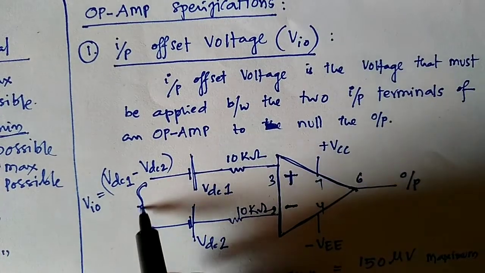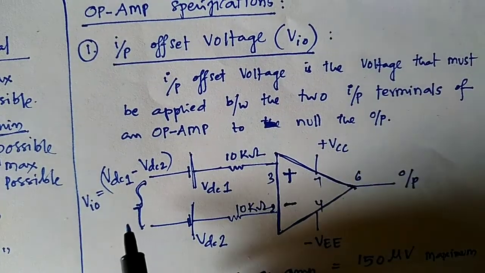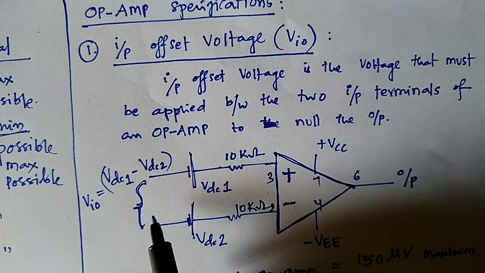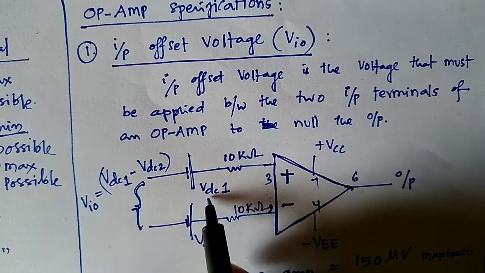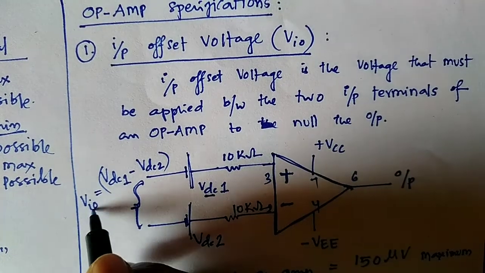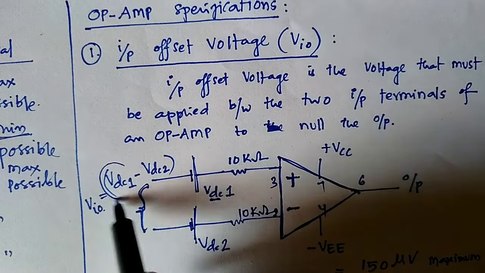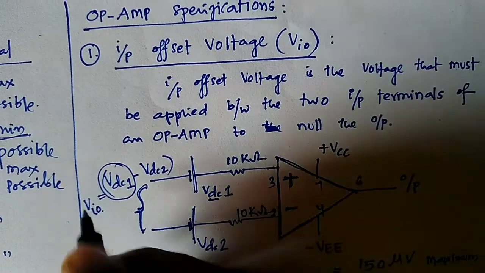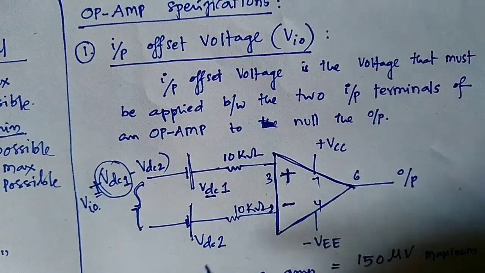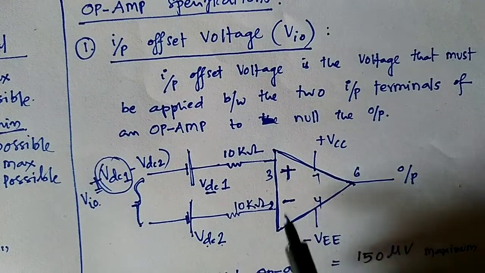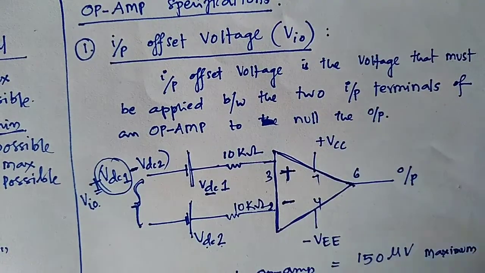After that you can calculate the sum of the applied voltages; both have some DC voltage. The input offset voltage is VDC1 minus VDC2. Why? Because VDC1 is connected to the positive terminal, so you use a plus symbol, and VDC2 is connected to the negative terminal, so you use a negative symbol.